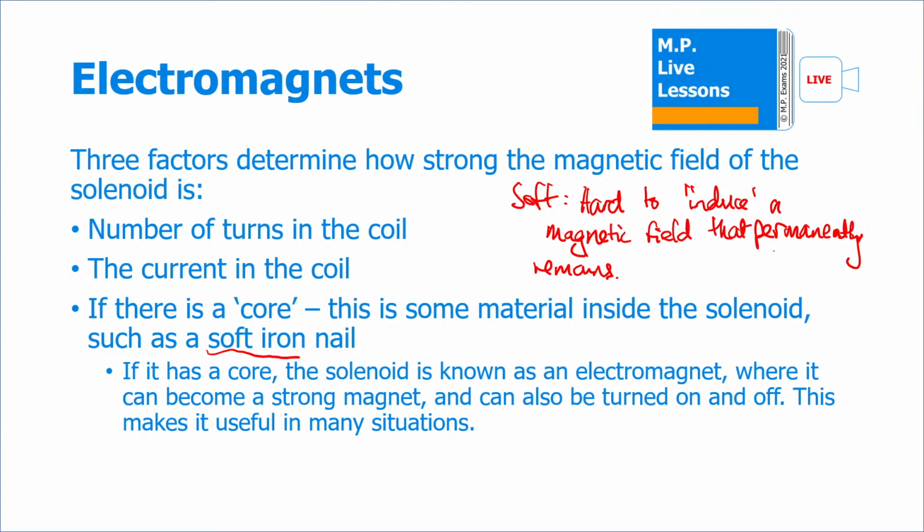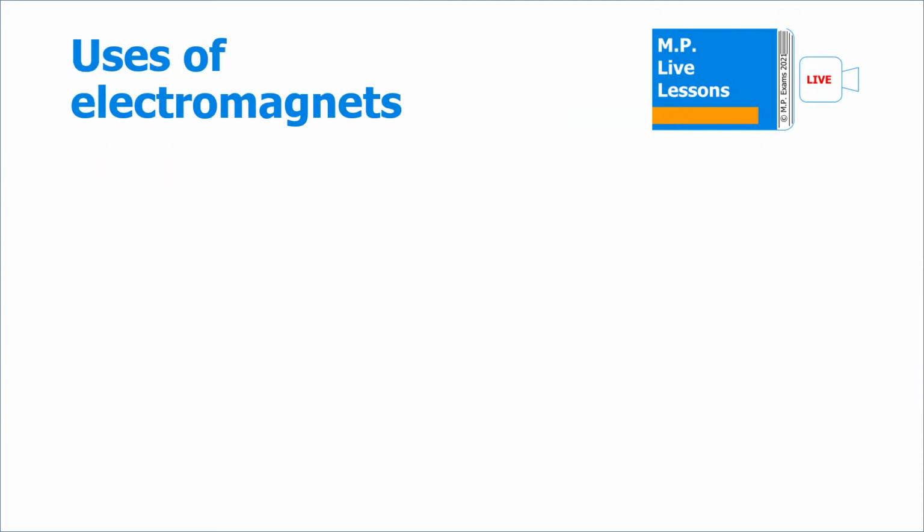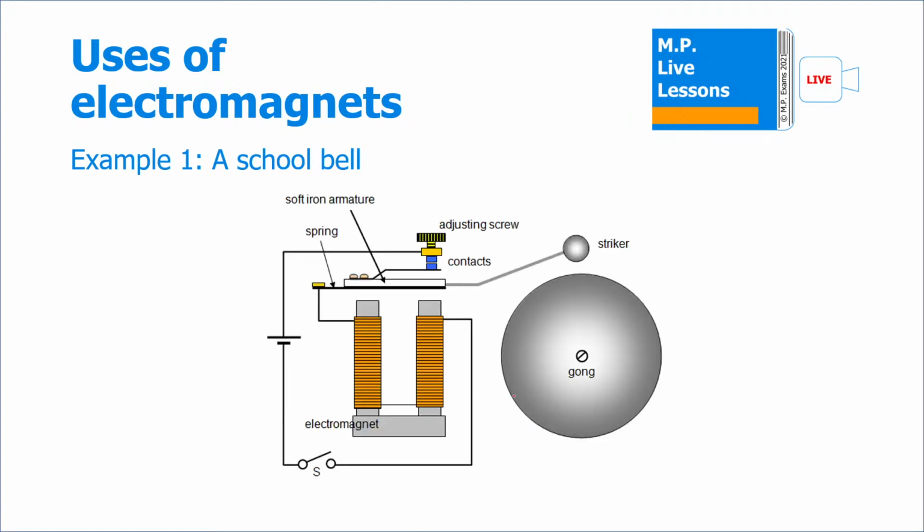Now, this useful on and off property makes electromagnets useful in many ways. One example could be a school bell, like this. Now, when the switch closes, the electromagnet turns on.